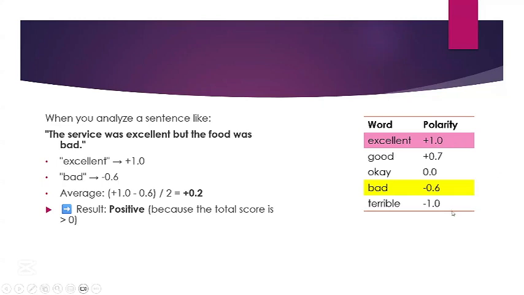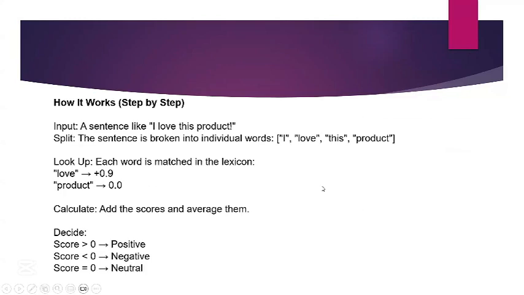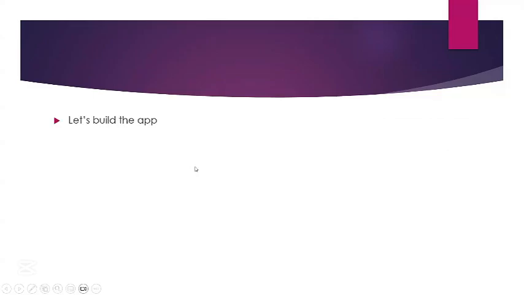If you use a library for your domain, these numbers might be a little bit different. As I said, I mentioned here how we can do the calculation step by step. So let's build this application.